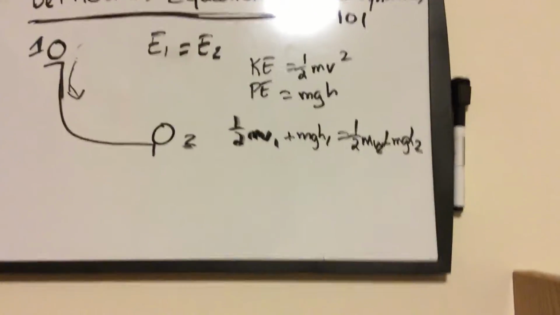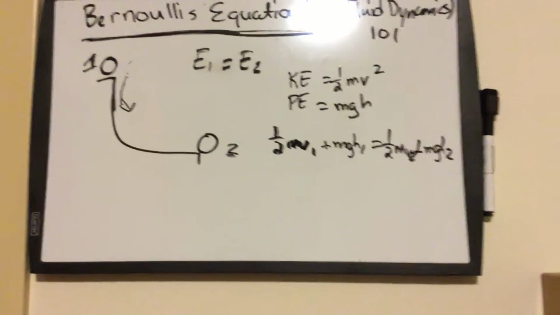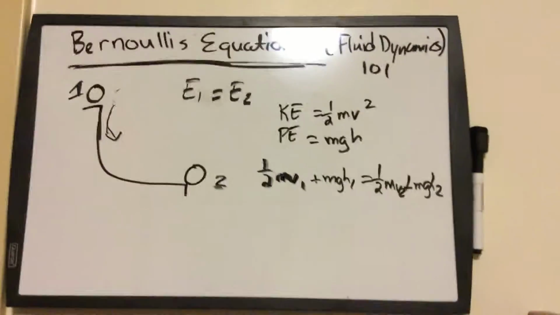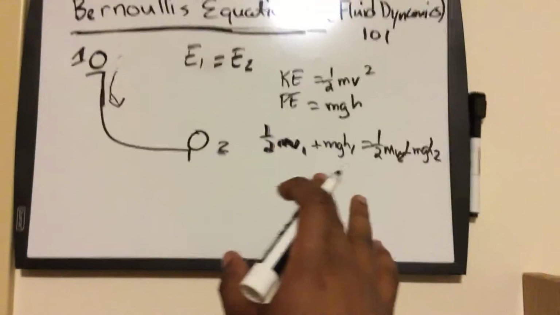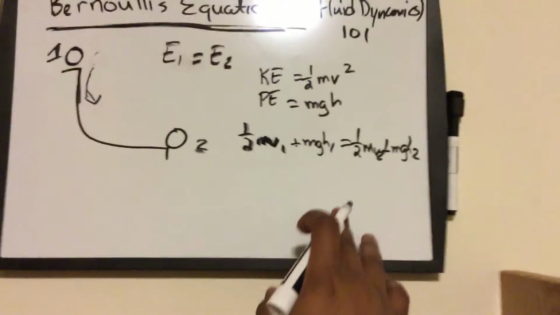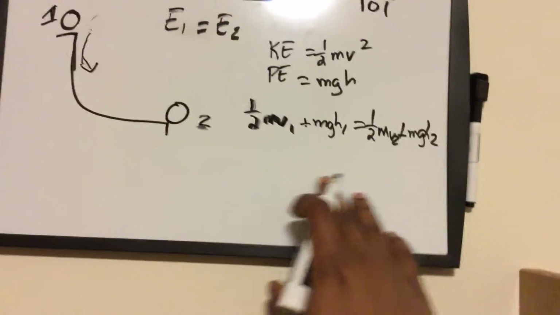When it comes to fluids, we know the pressure and density of the fluid are involved. So this is where the Bernoulli equation comes in. It's just a replica of the conservation of energy, just with pressure and the fluid density involved.